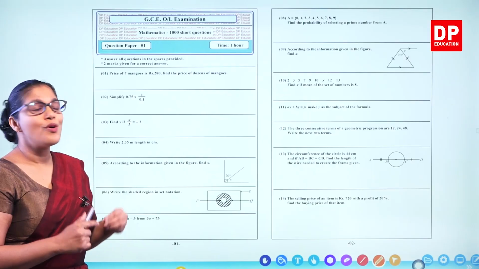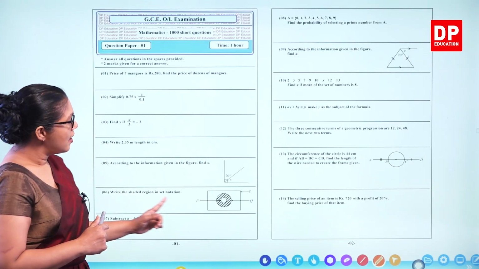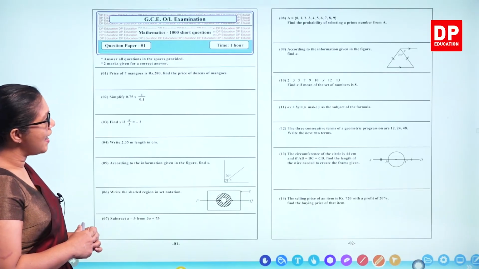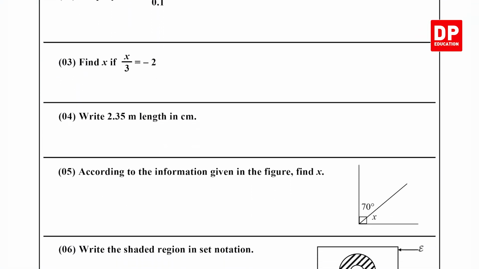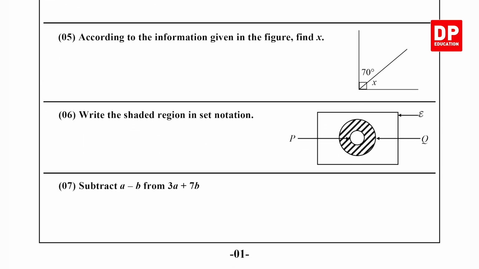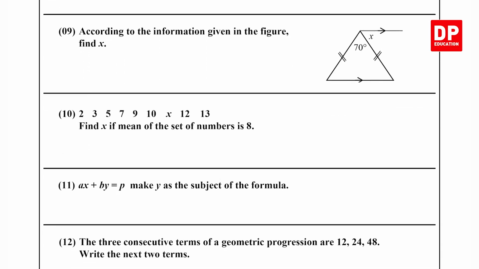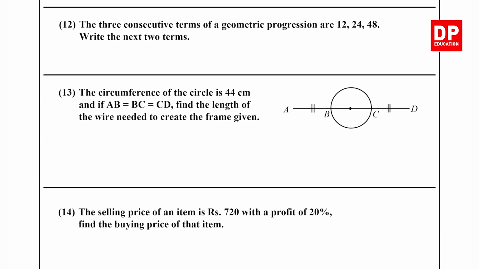Let's do paper 1. Here questions 1 to 14 are there: 1, 2, 3, 4, 5, 6, 7, 8, 9, 10, 11, 12, 13, 14.